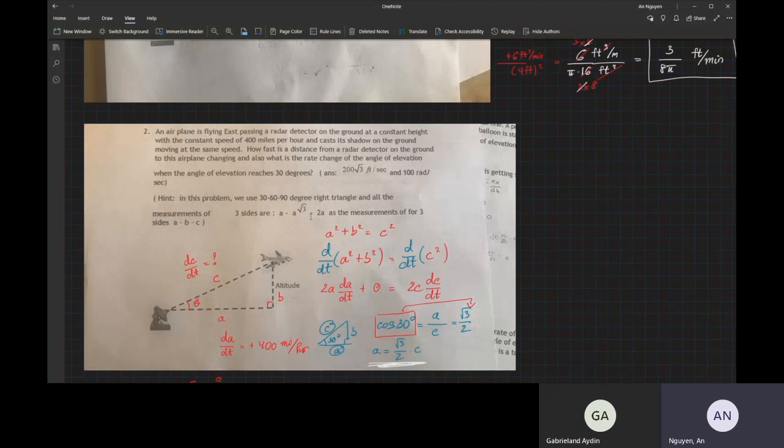The angle reaches 30 degrees. B is a constant. Oh, why do we do that? Yeah, forget about this part.